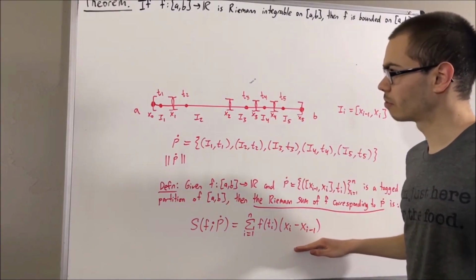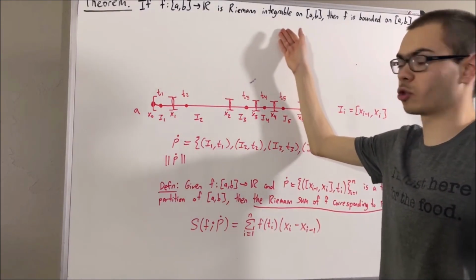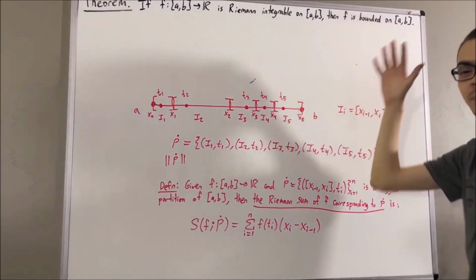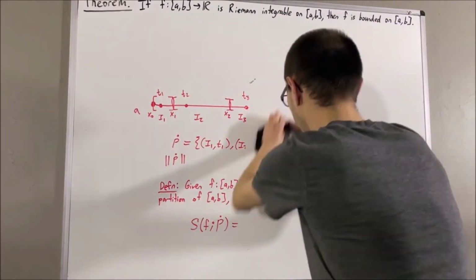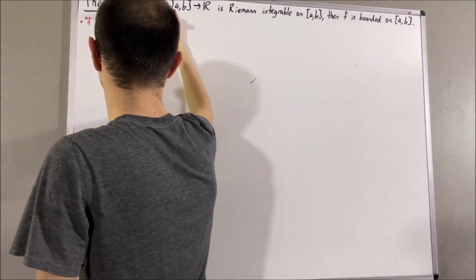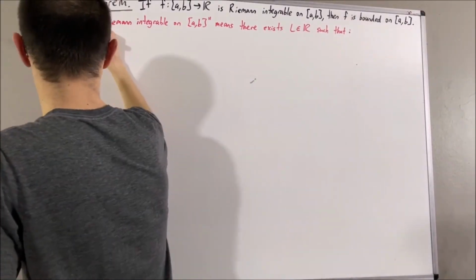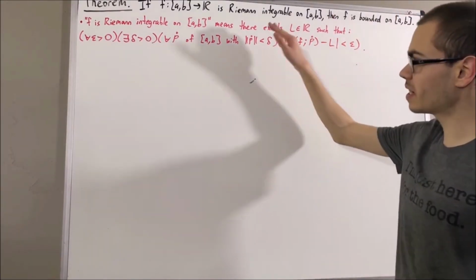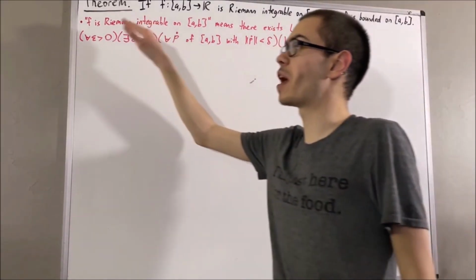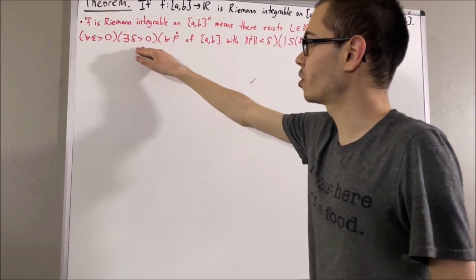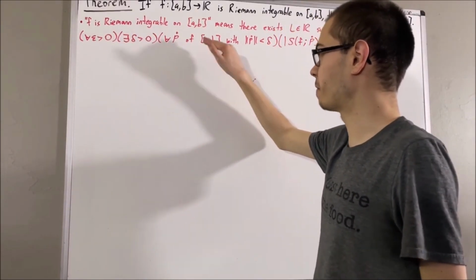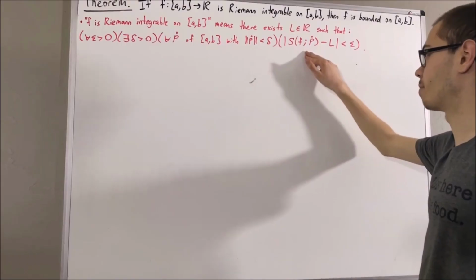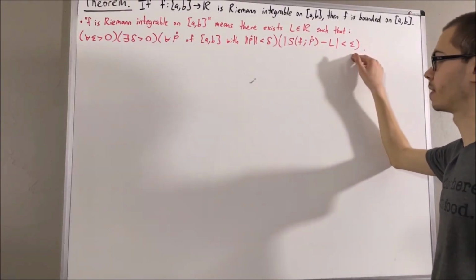So now, let's talk about the definition of the Riemann integral. By definition, to say that f is Riemann integrable on [a, b] means the following. It means there exists a real number L such that for every epsilon greater than 0, there exists a delta greater than 0 such that for all tagged partitions of [a, b] whose norm is less than delta, we have that the absolute value of the Riemann sum minus L is less than epsilon.